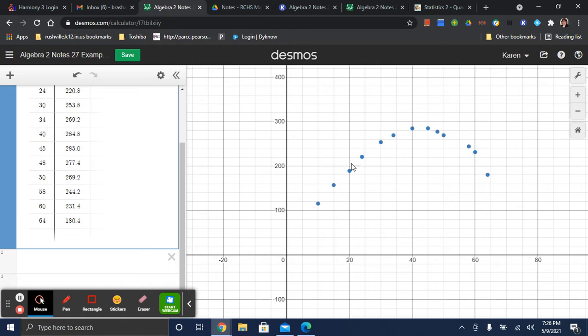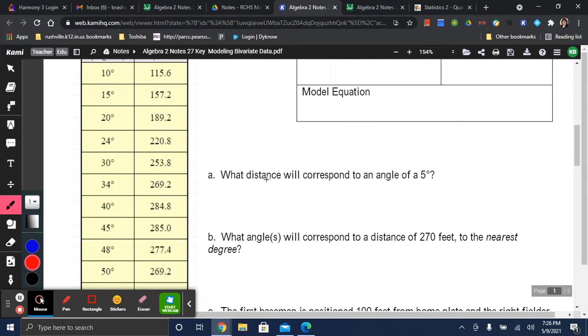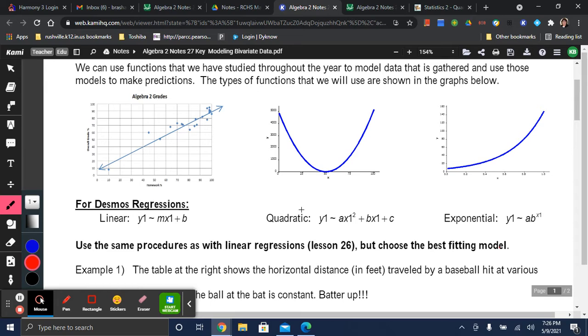Because this looks like a curve, not a line, and it looks like something that hits a maximum and then goes back down, that would be a quadratic. Going back to your notes, for a quadratic curve, we want to type in this as our expression. Remember, we don't use the equal sign, we use the little tilde, which is up in the top left corner of your keyboard.